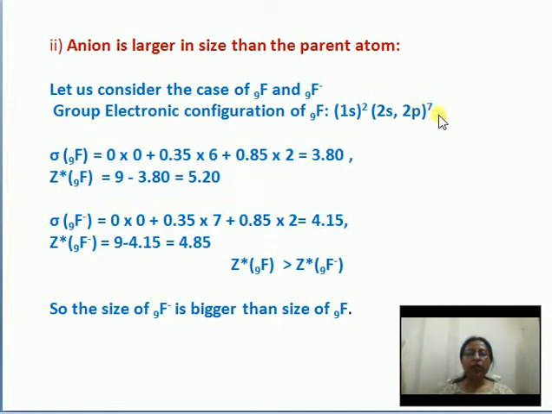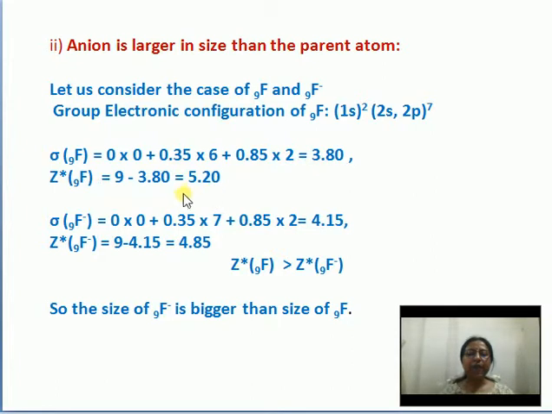Here the number of electrons will be 8, and so we will be writing it as 0.35 into 7 from this group, and then again 0.85 into 2 for this inside 1s part, and then the resultant will be 4.15. So you can see that Z star is becoming 9 minus 4.15, giving rise to 4.85, which is much less than 5.20.